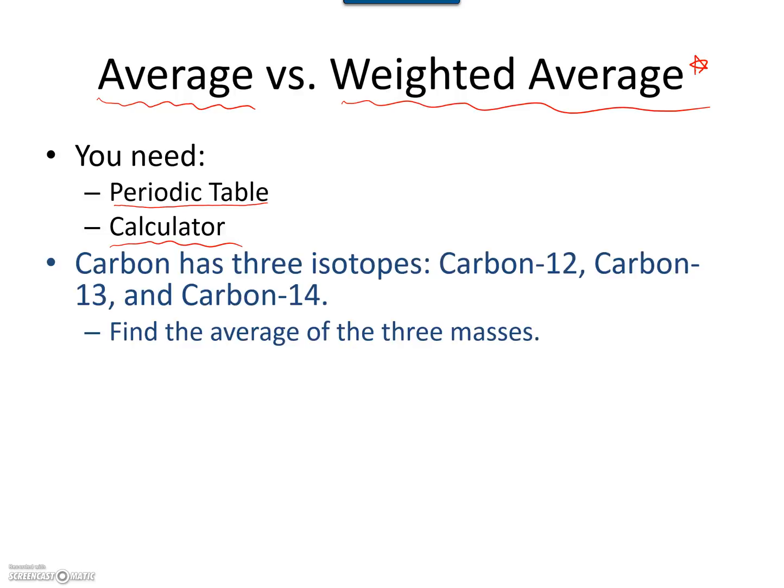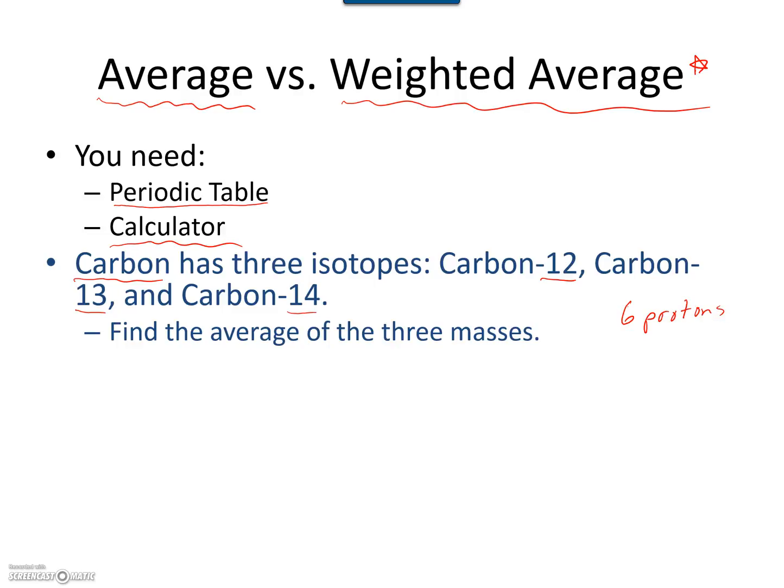So, we're going to focus on carbon again, because that's the example we're familiar with from ChemQuest 6. Carbon has three isotopes that exist in nature: carbon 12, carbon 13, and carbon 14. As a reminder, they all have 6 protons, because all carbon has 6 protons.